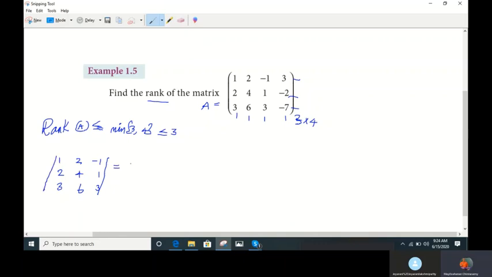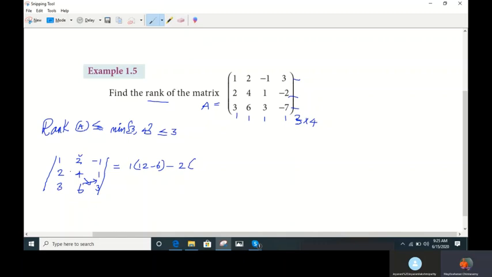Take the first value 1, leave its row and column, cross multiply: 3 4s are 12, 1 6 are 6. So that is 12 minus 6. And take the next value with a negative sign: negative of the second value, 2, so -2, and leave its row and column.